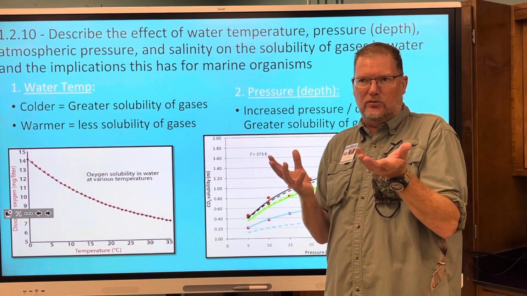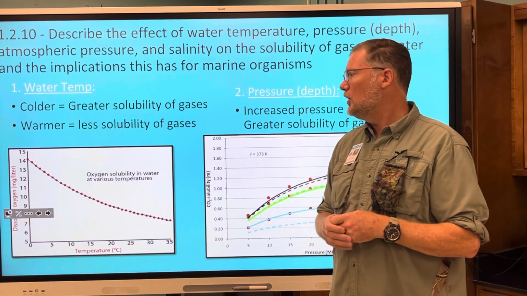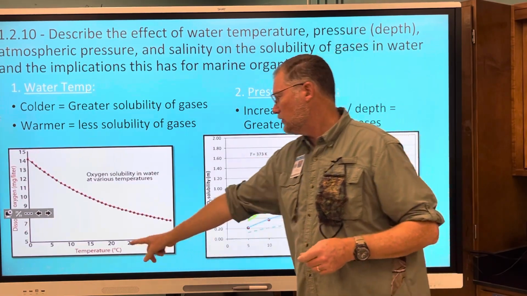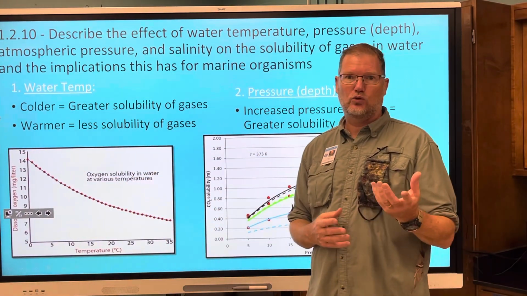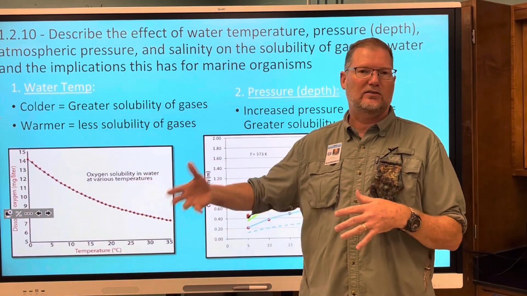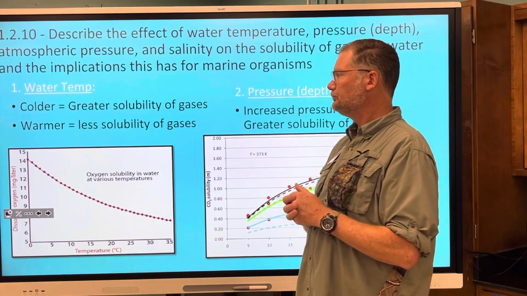You wouldn't see bubbles, but the oxygen would exit into the atmosphere because the water temperature is climbing, and so the oxygen solubility decreases, and the fish would be like, help, until the next tide came in and provided fresh water again for them.